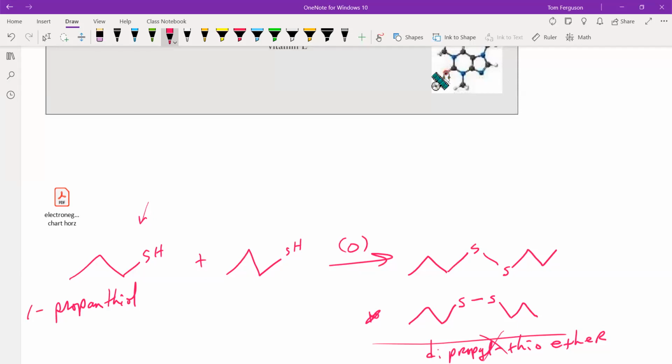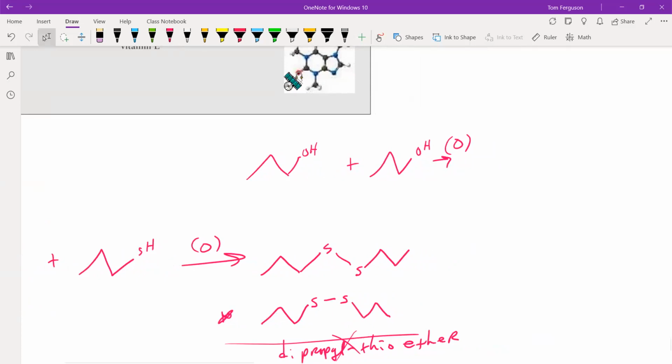The main thing is just know that when the thiols are oxidized, or biochemically oxidized, the S's hook up together. Now, if we had this, we would form, this is called a peroxide.